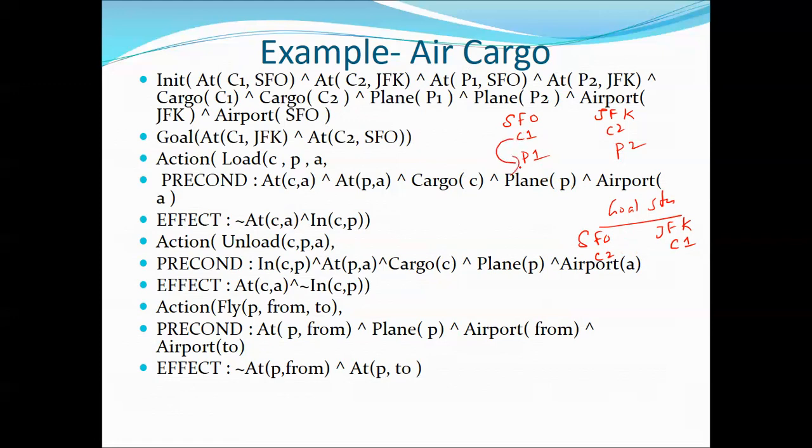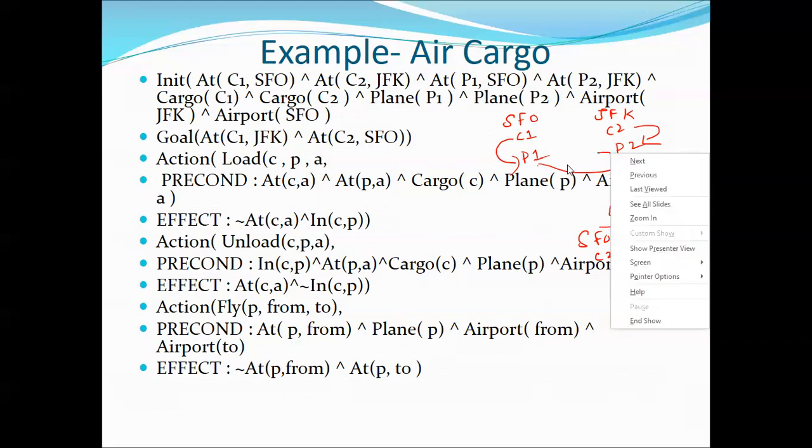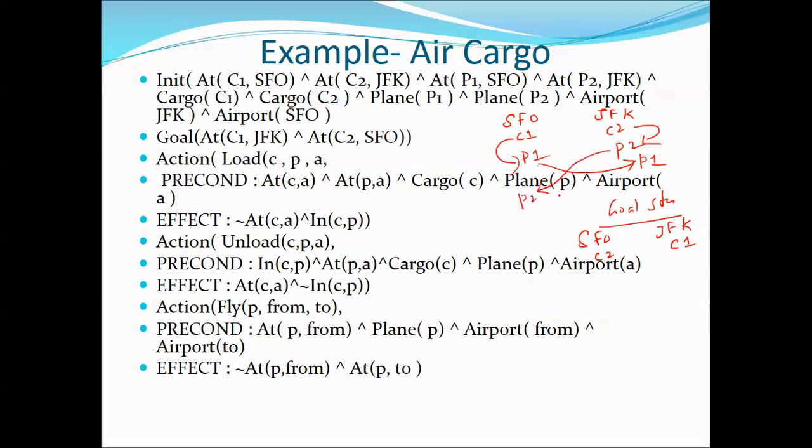C1 should be loaded into plane P1. C2 should be loaded into plane P2. Okay. And P1 should fly from SFO to JFK. Right. Then P1 will come here. And P2 should fly from JFK to SFO so that P2 will come here.